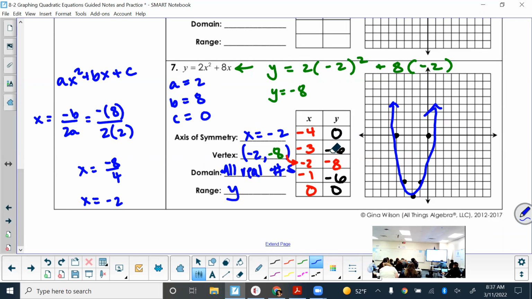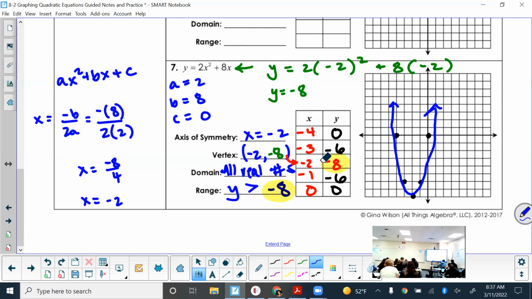And what y value do you use for that boundary? -8. So you can find it two ways. You can look where the graph just stops, the very bottom of it, and that y value is -8. Or you can look at your table at your vertex, since that's always the highest or lowest point of your graph. You can just use that y value. And would you say that these y values are greater or less than -8?